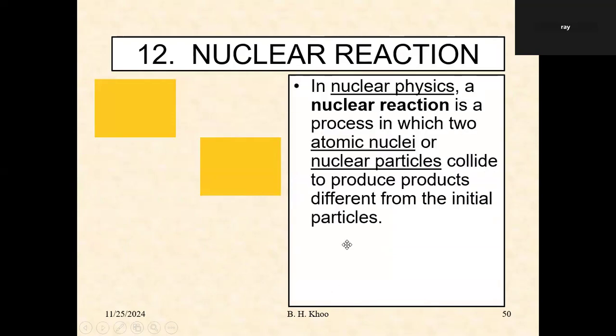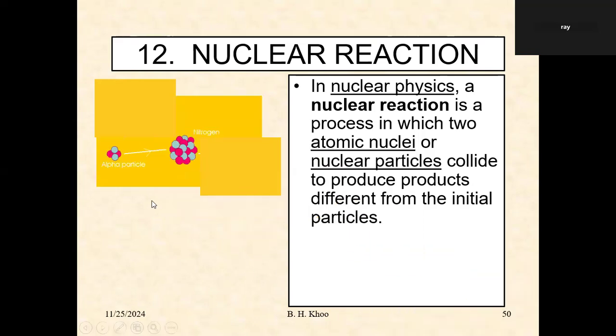Nuclear reaction. In nuclear physics, a nuclear reaction is a process in which two atomic nuclei or nuclear particles collide to produce a product different from the initial particle. So it's a collision between two nuclei, and it produces a result different from the original particle.